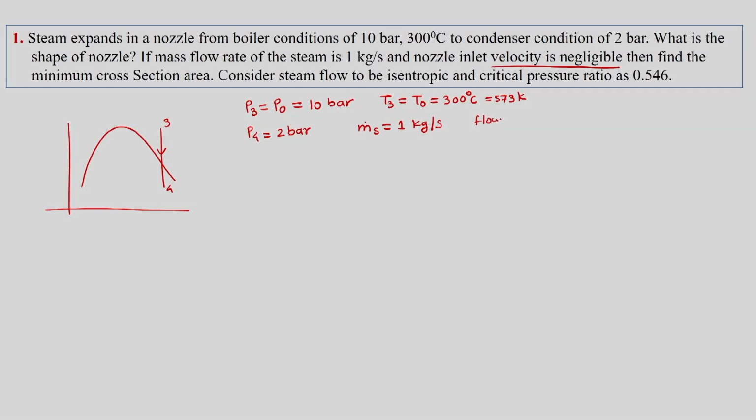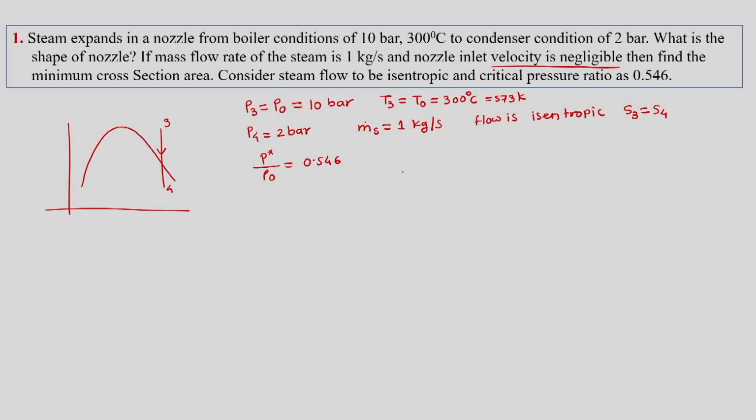We are told that the flow is isentropic, so S3 is equal to S4. We have also been told that P star upon P naught is equal to 0.546. So this is the critical condition.